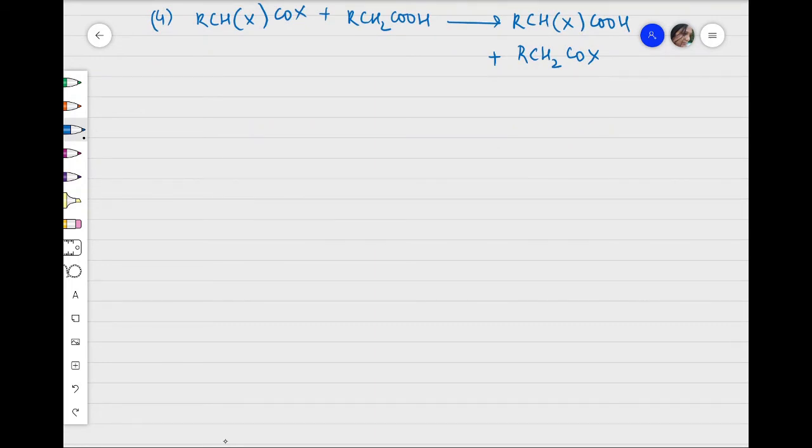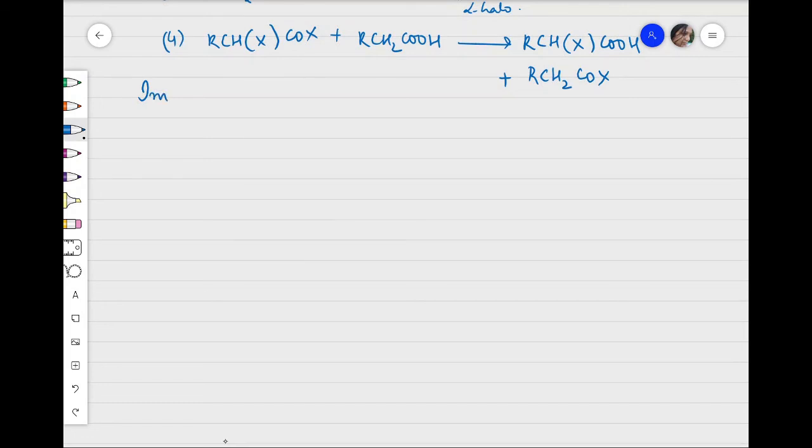Now what is the importance of this reaction? Valare important reaction aanu idu, because it helps you in the synthesis of alpha halo acids.